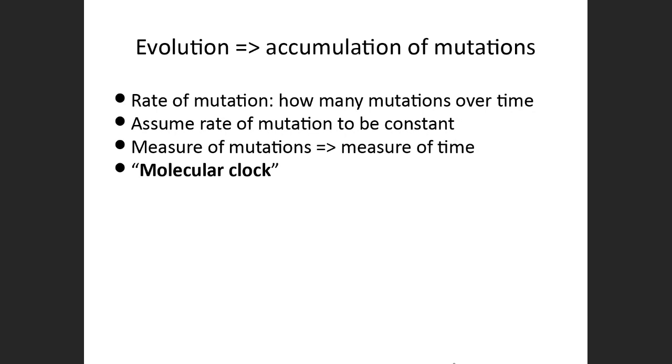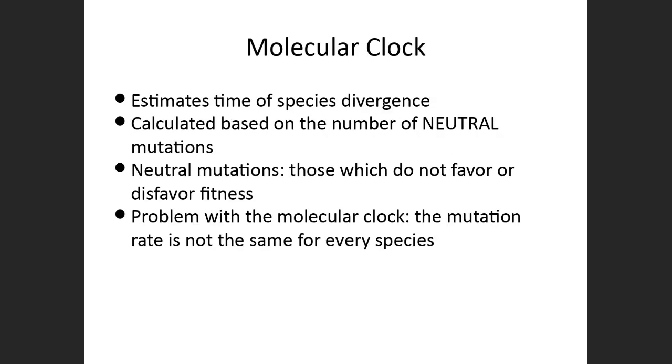Otherwise, you are also counting effects of fitness, like this mutation made things more or less fit than the other mutation. But a neutral mutation is a change in DNA that didn't make something better or worse. It was just a change. Most of them would be non-coding DNA. We'll elaborate on that in the future. So the molecular clock relies on neutral mutations, and neutral mutations don't make things more or less fit.